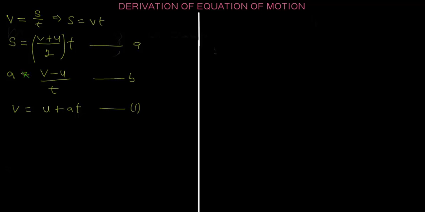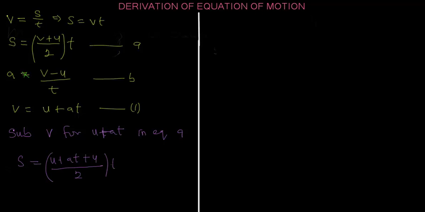What we need to do is to substitute v for u plus at in equation A. So s is equal to u plus at plus u, all over 2, bracket t. u plus u will give us 2u, plus at, bracket t, all over 2.